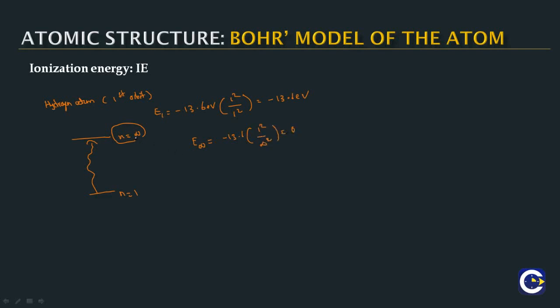So the energy of the ionized electron in the infinity orbit will be 0. If you want to increase the energy from -13.6 to 0, the energy that must be supplied is the final energy level minus the initial energy level, which is simply 13.6 eV.